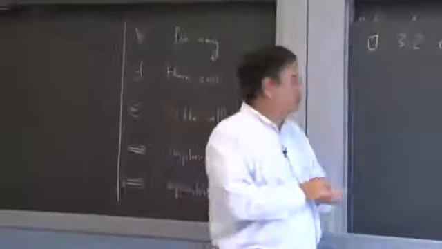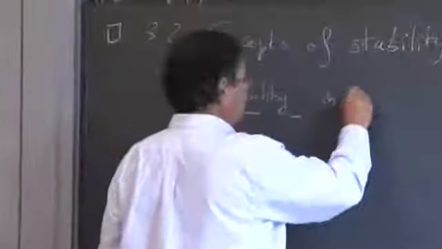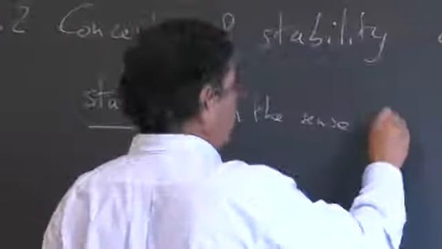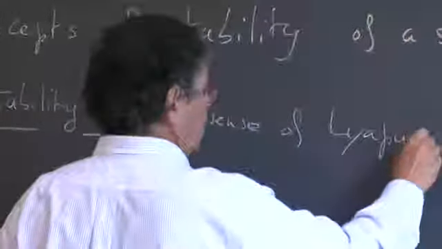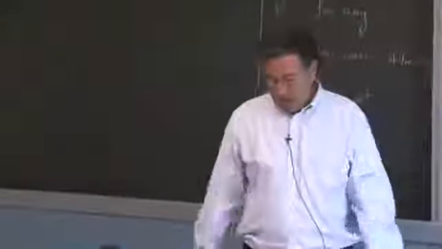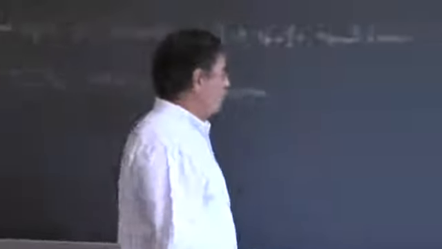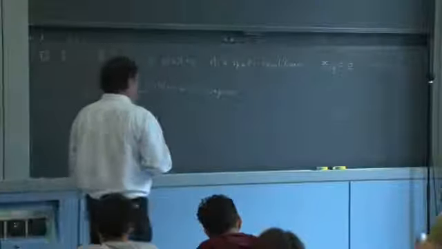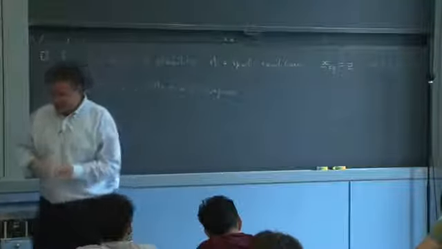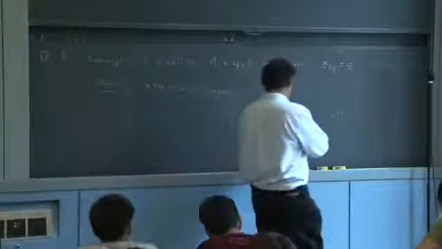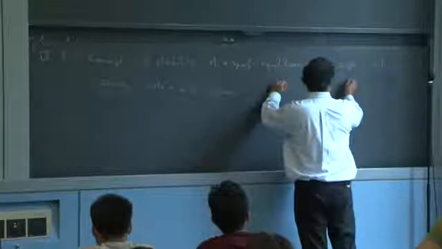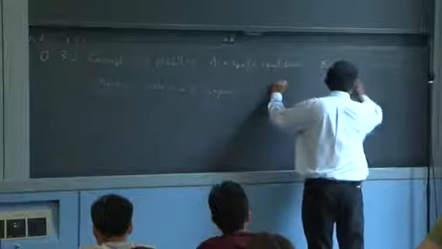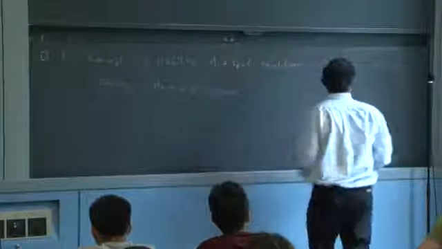So there's something which is called stability, or stability in the sense of Lyapunov. And it says, okay, so you have your equilibrium here. This equilibrium is stable if I pick some big ball around this equilibrium.